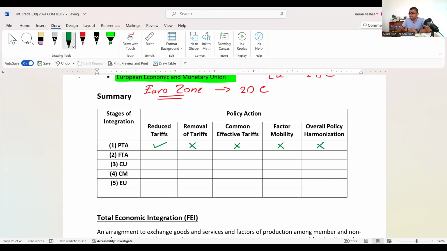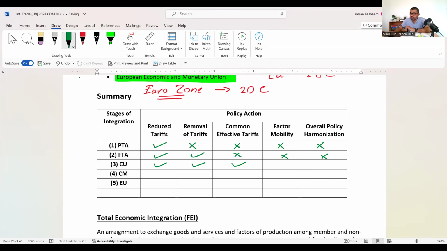FTA, free trade area, or sometimes free trade agreement, I've seen. FTA: reduced tariff, removal of tariff is there among the member countries. We can have no tariffs at all. No, no, and no. Okay. Customs union: progressive. Remember, if you take yes for the earlier one, you have to take yes for this one. Common effective tariff, yes.